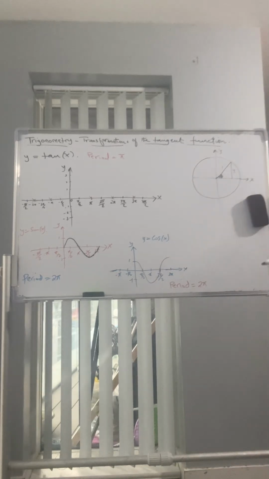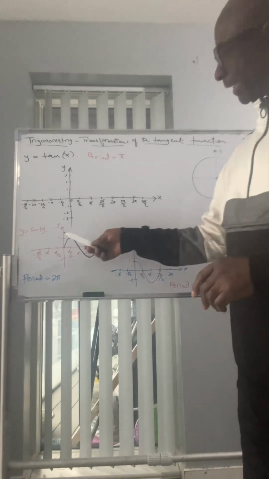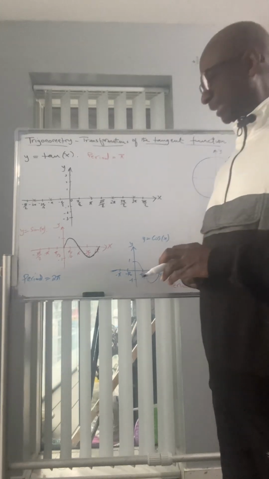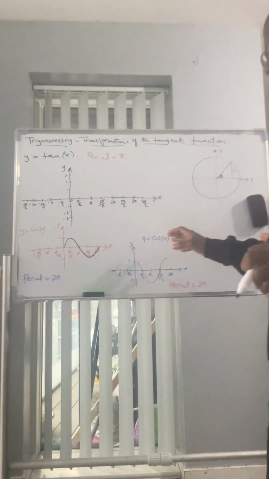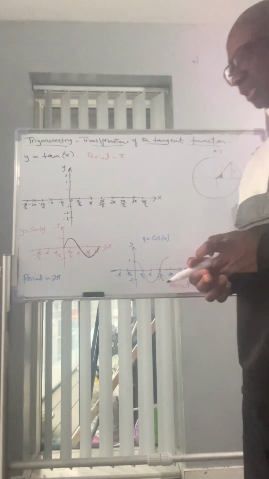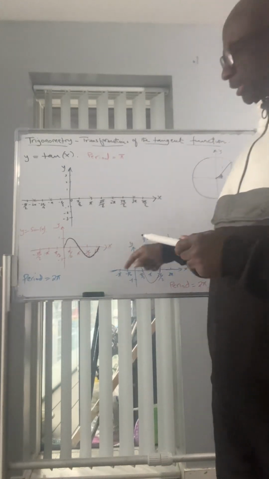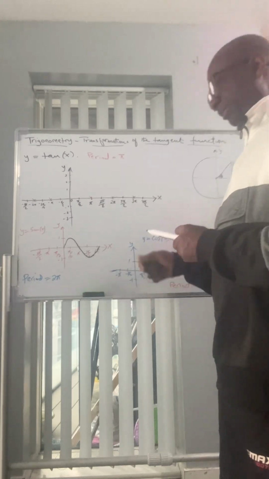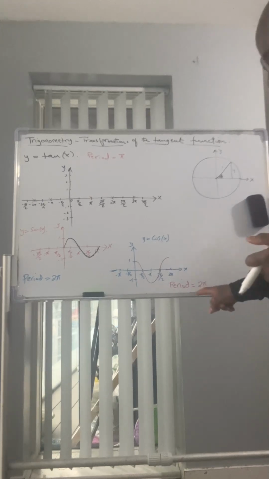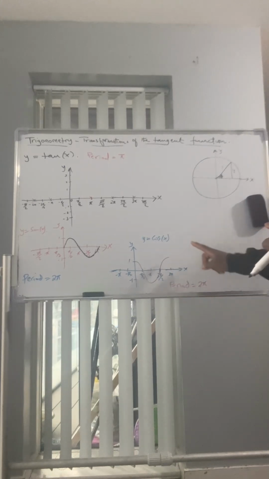First and foremost, when we did the sine and cosine functions, we mentioned that the sine function has a period of 2 pi, that is 360 degrees. In other words, it repeats every 360 degrees. Same as the cosine function, it repeats every 360 degrees.